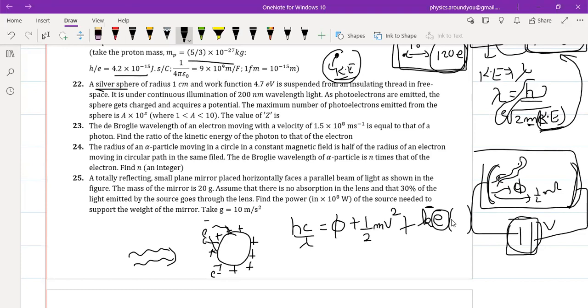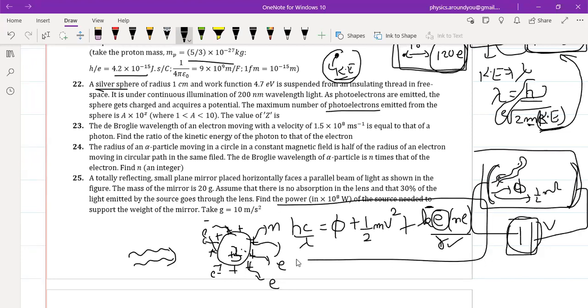They're asking what is the maximum number of photoelectrons emitted. If one electron goes out, charge on the sphere will be +1. Two electrons go out, +2. Three electrons, +3. So if n electrons go, it will be +Ne. The R value is given as 1 centimeter.